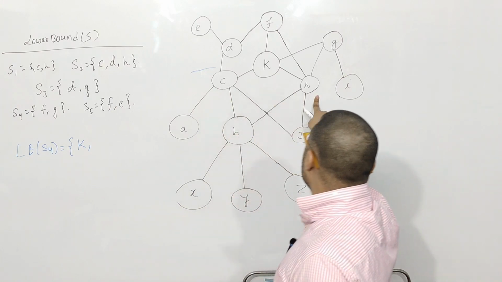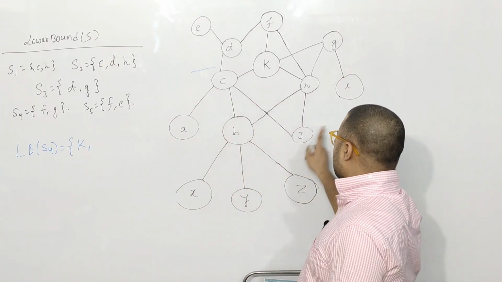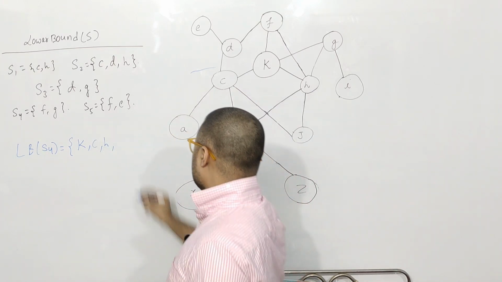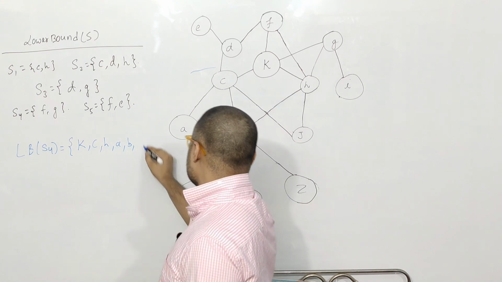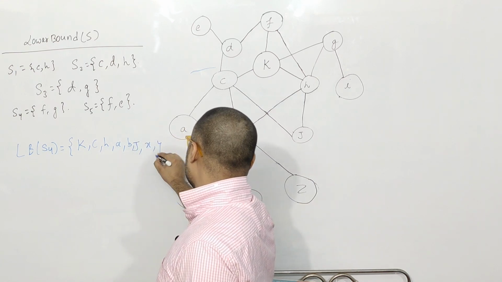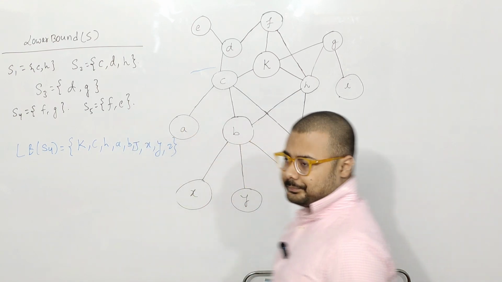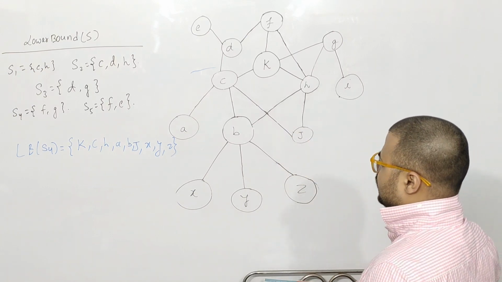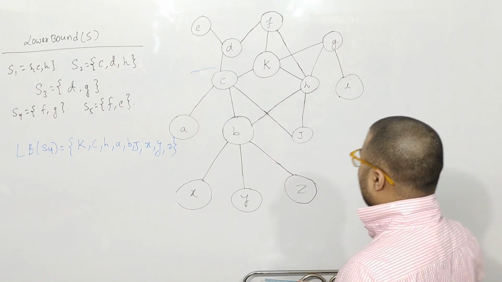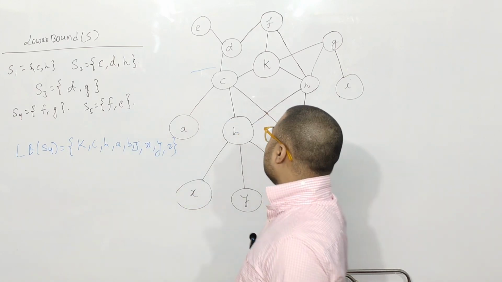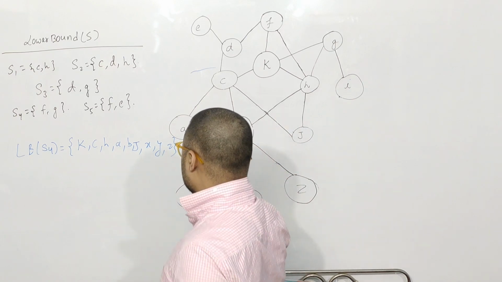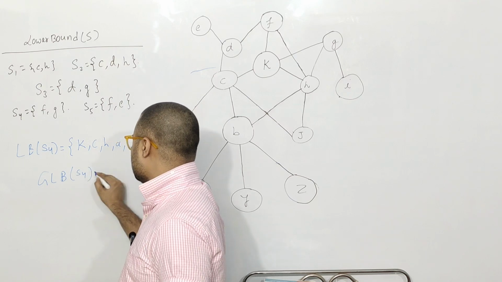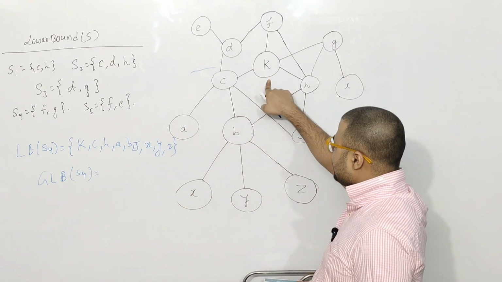So C, H, A, B, J, X, Y, and Z. What is the greatest lower bound of S4? There is only one point of meet, which is K.